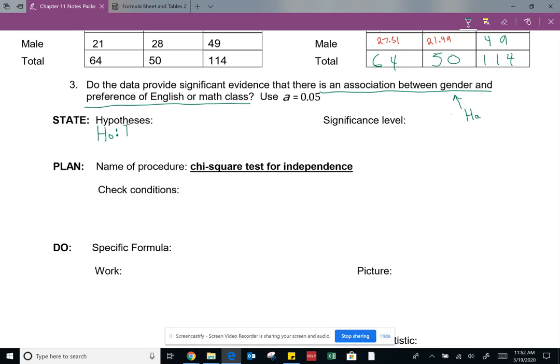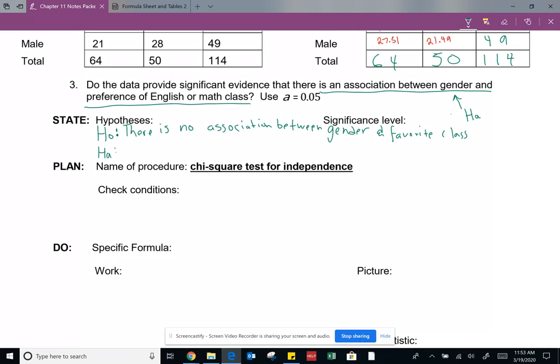So there is no association between gender and favorite class.